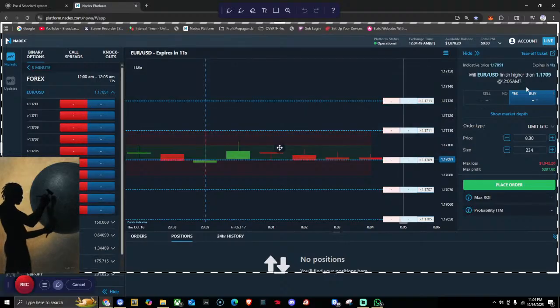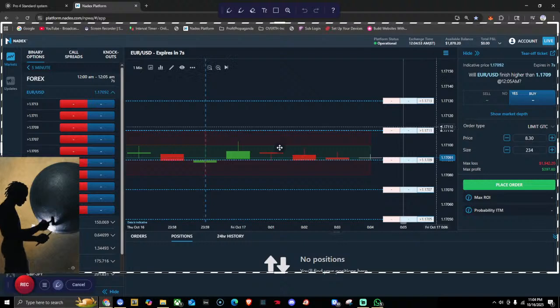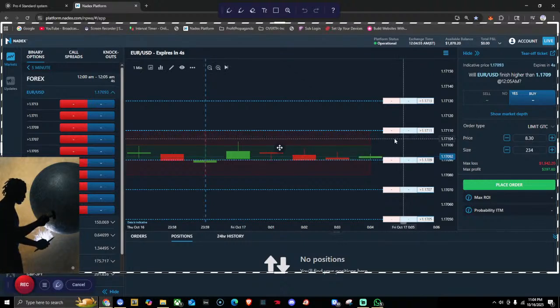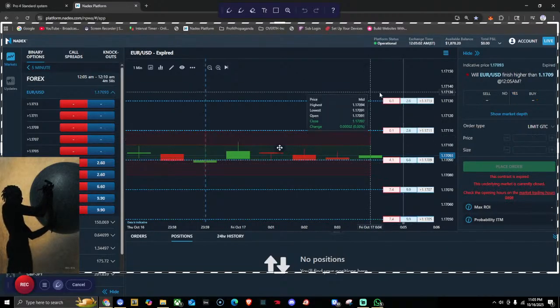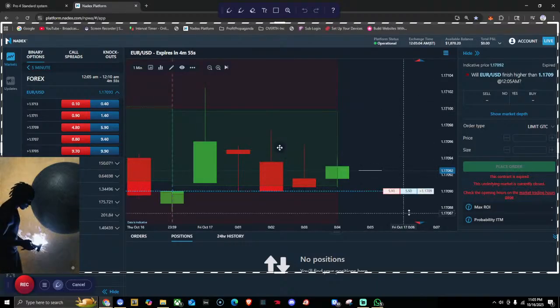Look, they're still pricing 12 seconds remaining. This market, all over the place. Yeah, it would have won, but that's not a good quality product.